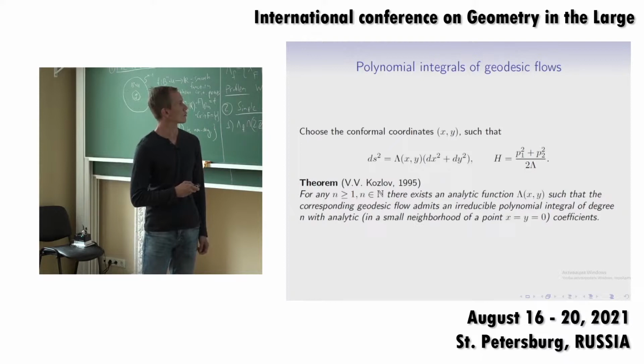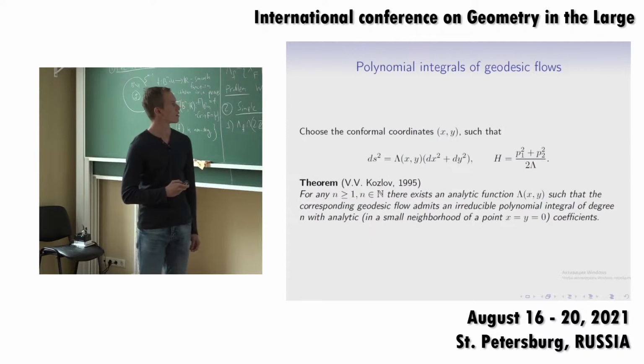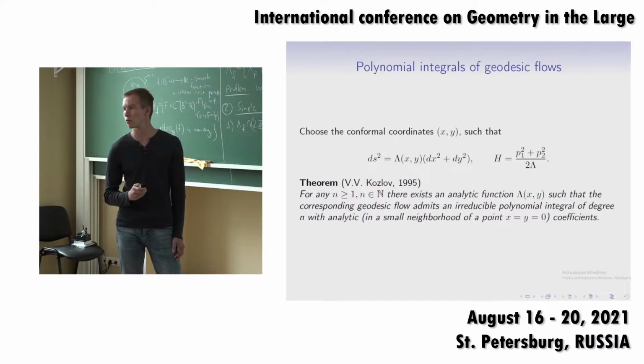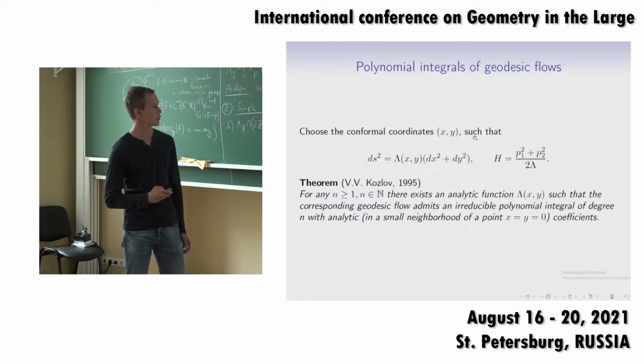If we choose conformal coordinates, then it states that for any number n, as large as you want, there always exists an analytic function such that its geodesic flow admits an irreducible first integral, which is polynomial in momenta of the given degree n with analytic coefficients, at least in a small neighborhood of a point. In this sense, the family of integrable cases is pretty rich.